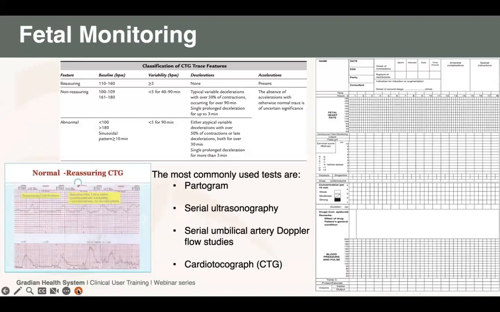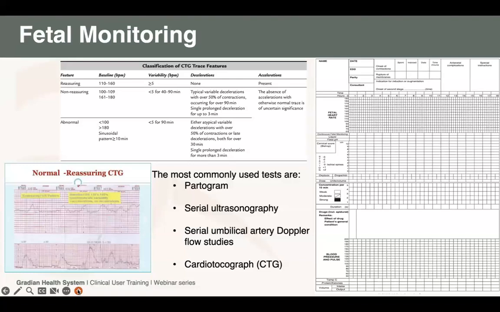Okay, so fetal monitoring. The most commonly used tests are the partogram and serial ultrasonography, which is more applicable in our setting.